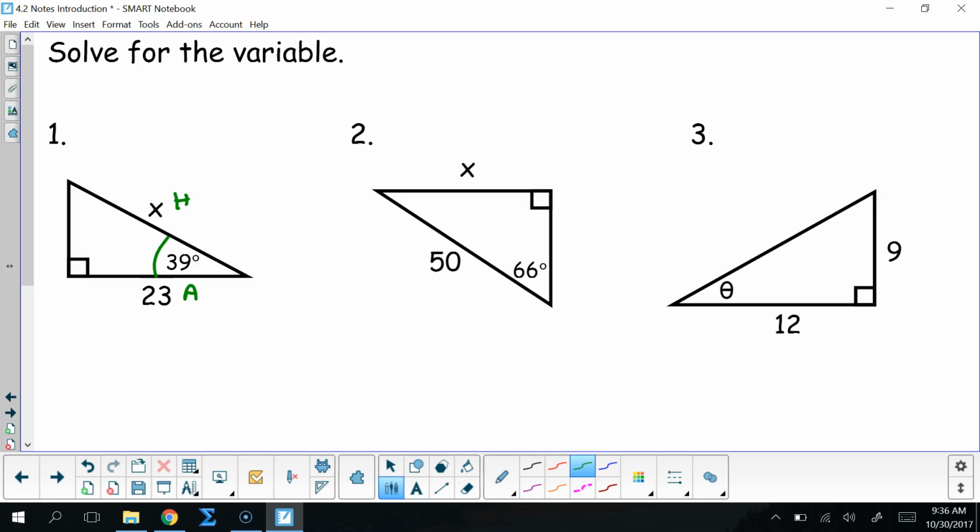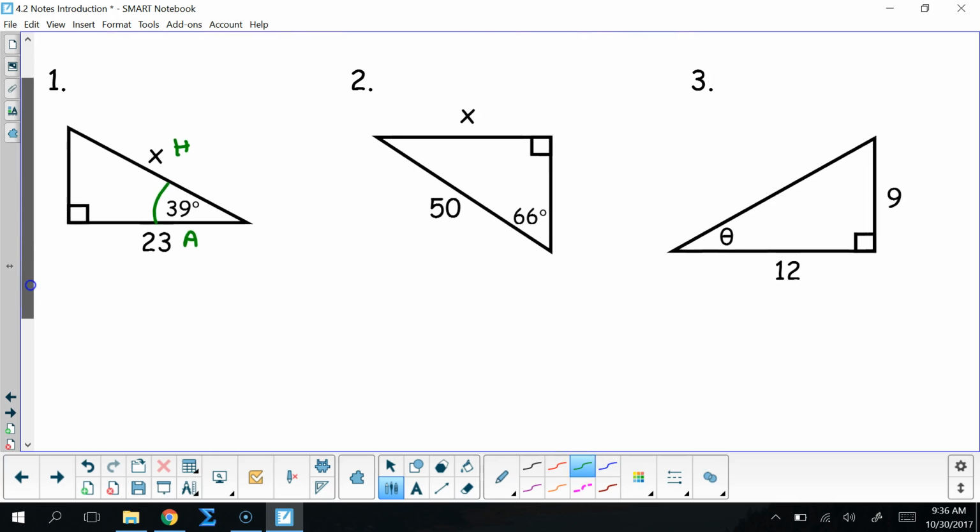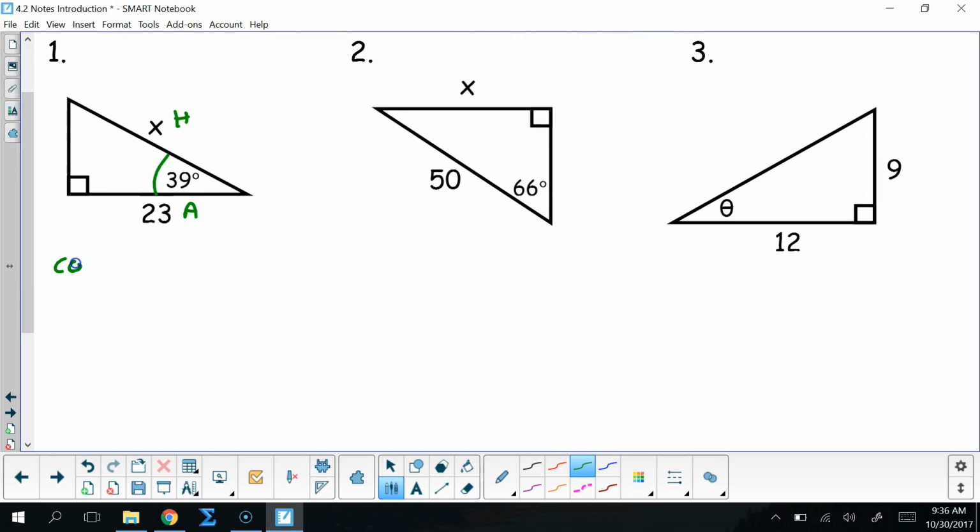So if I remember my SOHCAHTOA, that's going to be cosine 39 degrees is equal to 23 over x. So x is going to be equal to 23 divided by the cosine of 39 degrees.